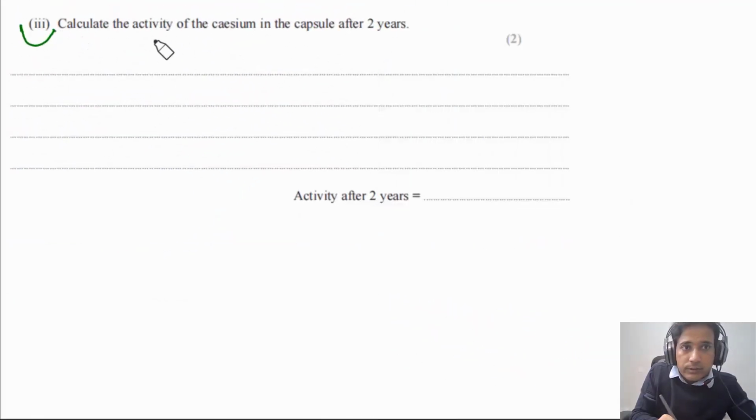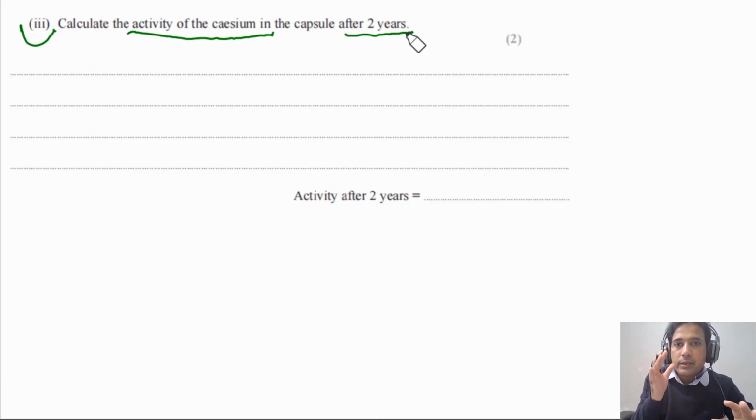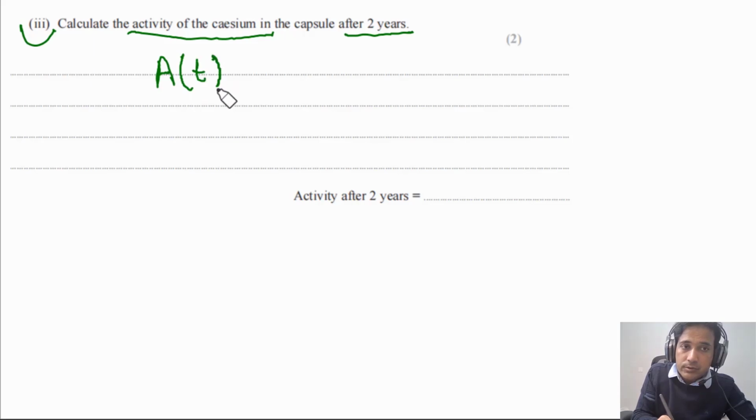For the third part, we need to calculate the activity of the cesium in the capsule after 2 years. A very straightforward question. We have the initial activity. Now we need to find the activity after a certain period of time. So A as a function of time is equal to the initial activity times e to the power of minus decay constant times time.